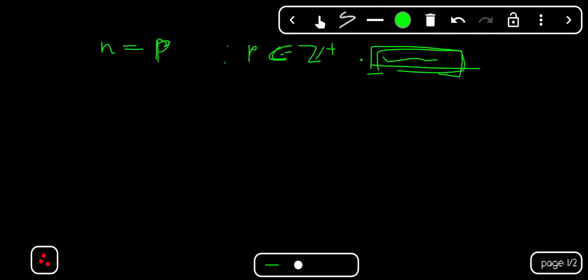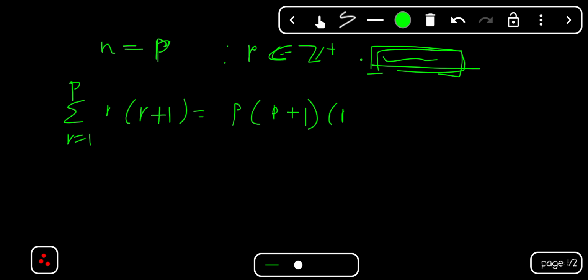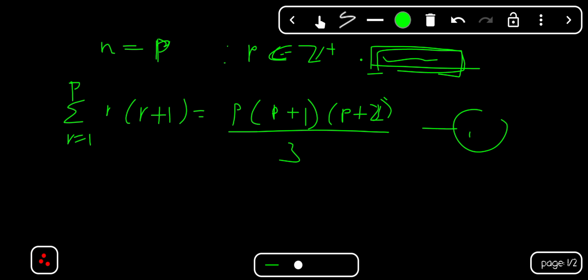According to this, it's working up to the pth term, so the sum up to the pth term is p times p plus 1 times p plus 2 over 3. We assume that this is true. Let it be equation 1.